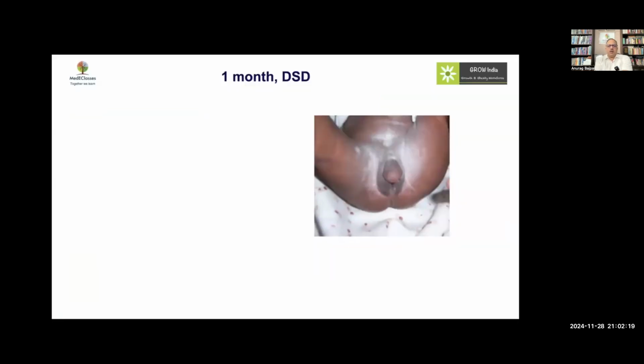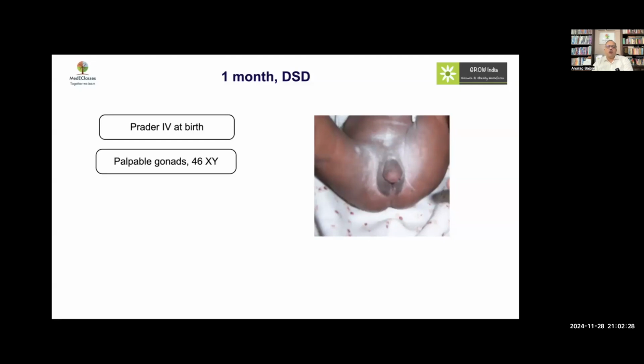We'll talk about two cases where the diagnosis made a big difference. We had a 1-month-old child with DSD who was referred to us with Prader stage 4, and there were classical features of XY DSD. This individual had been given testosterone, 3 doses, and people thought this is XY DSD, that we would do the workup and then go for surgery.